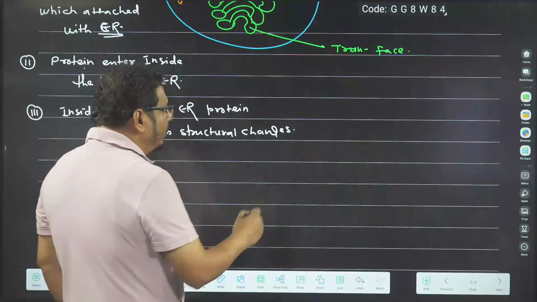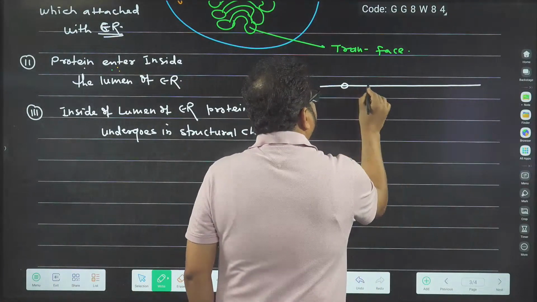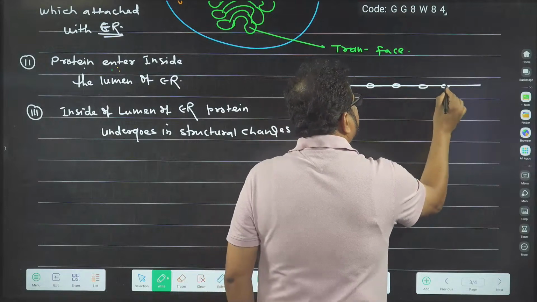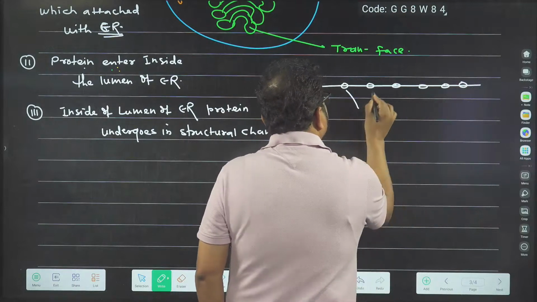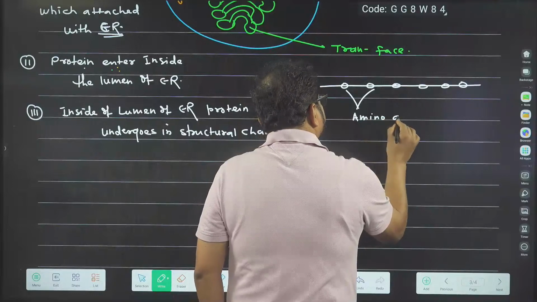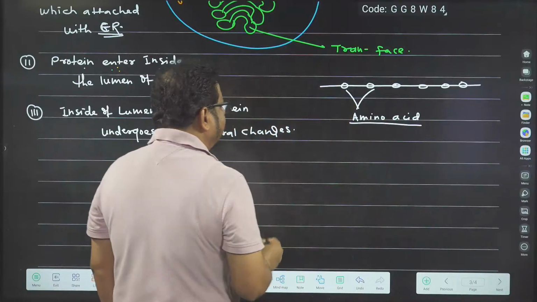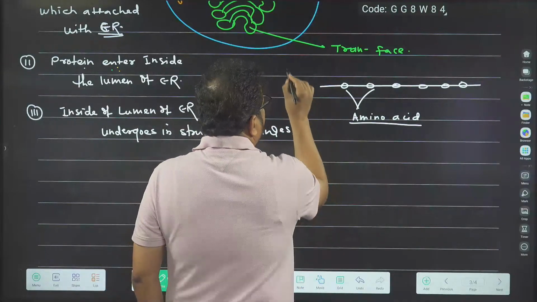Actually, when a new protein forms, it is like this. It is amino acids, because many amino acids are present in a protein. I will tell you in detail later; you will not understand much here if I say. This is called the primary structure.